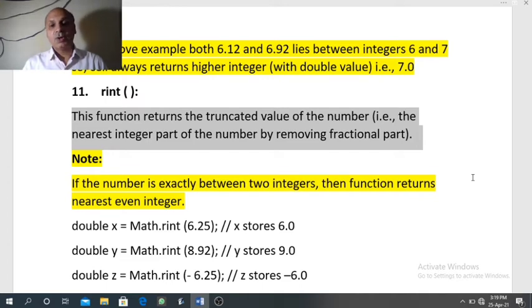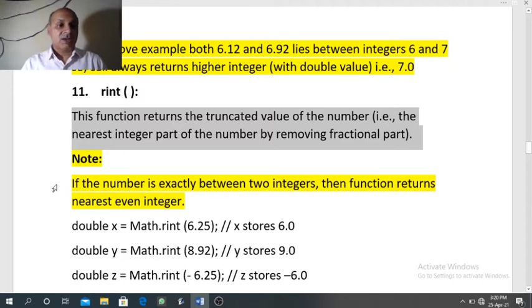And the rule of rounding off is same that we have studied in round. It means if the value after the decimal point is 0.5 or above, then answer will be next higher integer. If the value after point is less than 5, then answer will be same integer number.